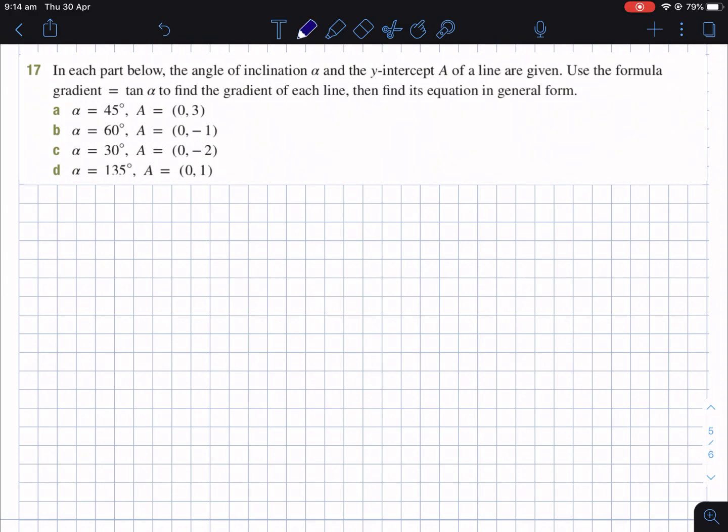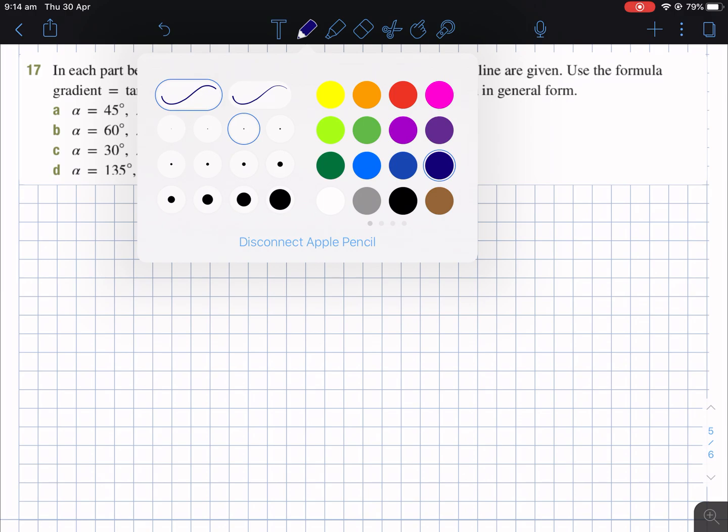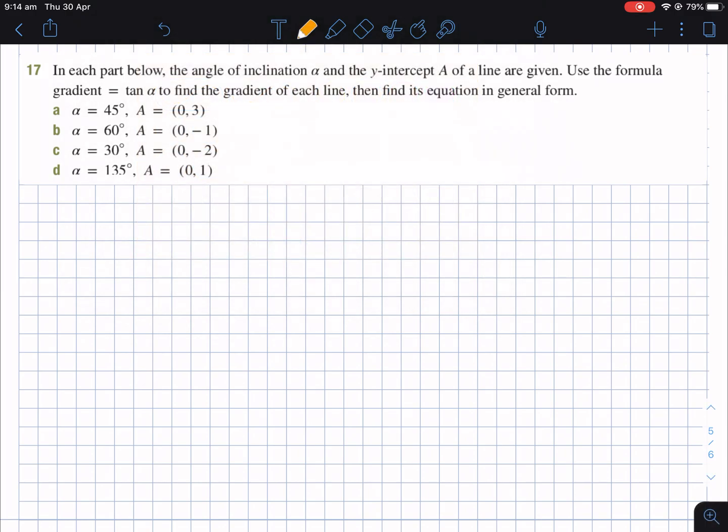Now, I'd like to remind you from, I think it was exercise 17B or A even, we had the formula: the gradient equals tan alpha.